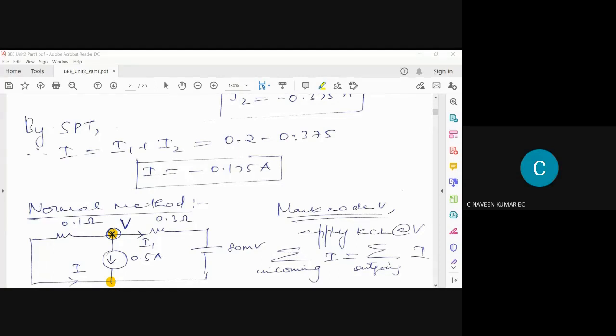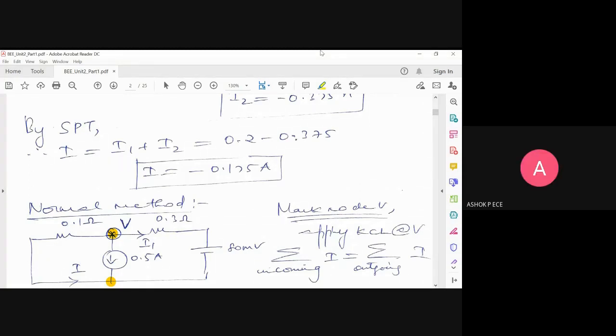You marked it down. Do it fast. Are you able to see? Yes. I equal to I1 plus 0.5, sir.